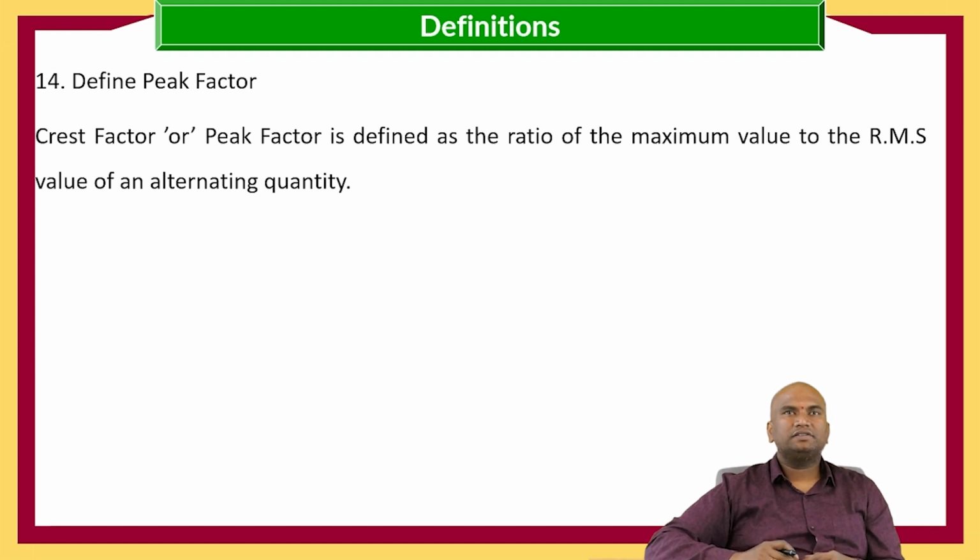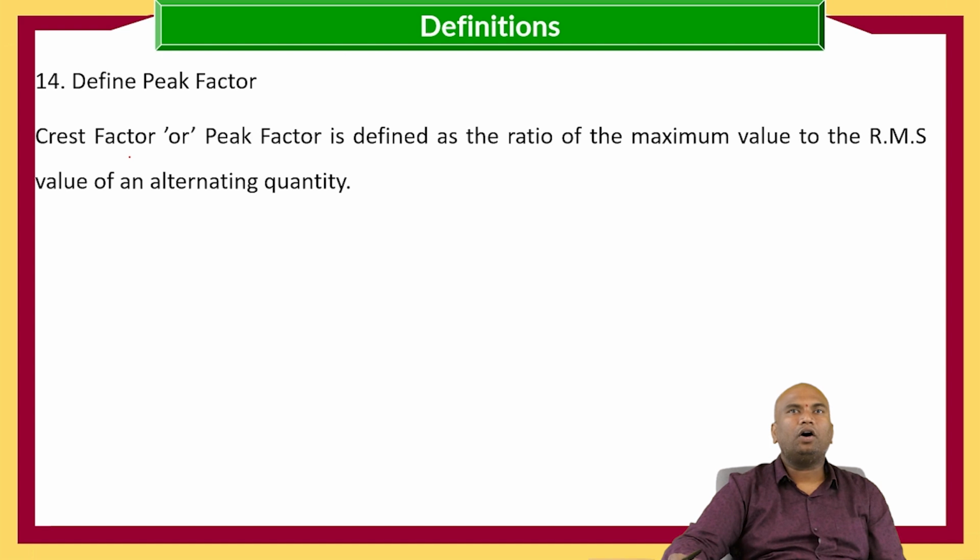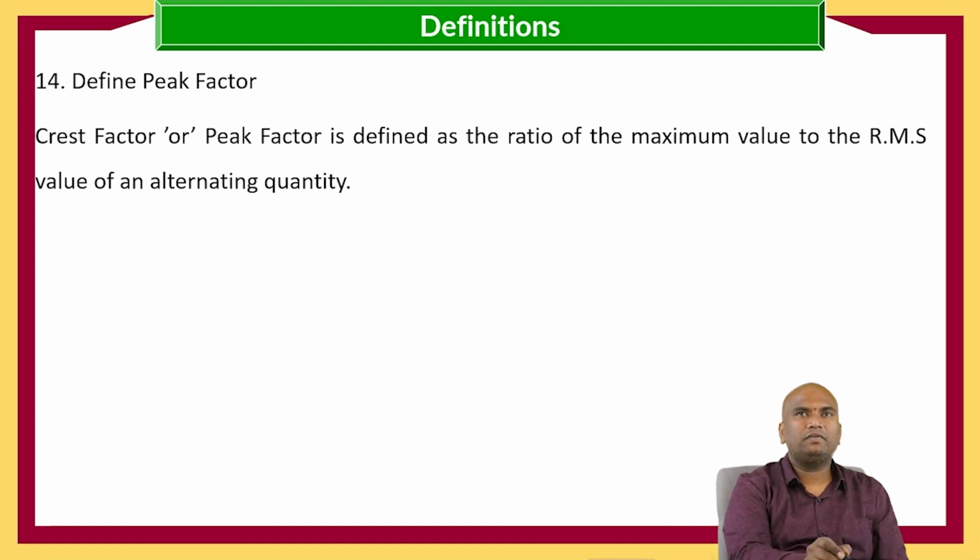The next one is define peak factor. It is also called crest factor or peak factor. The crest factor or peak factor is defined as the ratio of maximum value to the RMS value of an alternating quantity.